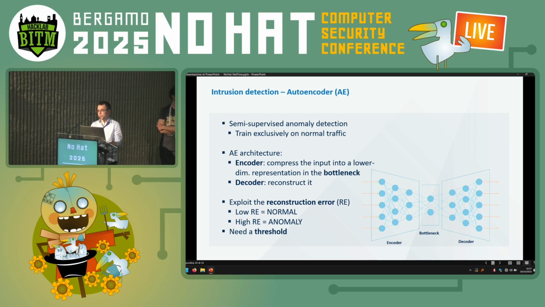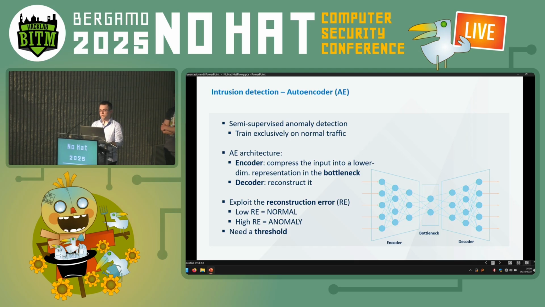It is a neural network with a symmetric hourglass shape, and it mainly has two parts. So we have the encoder and the decoder. The encoder compresses the input into a lower dimensional representation in the bottleneck, which is our central layer in the net. And then the decoder takes this compressed representation and reconstructs the input.